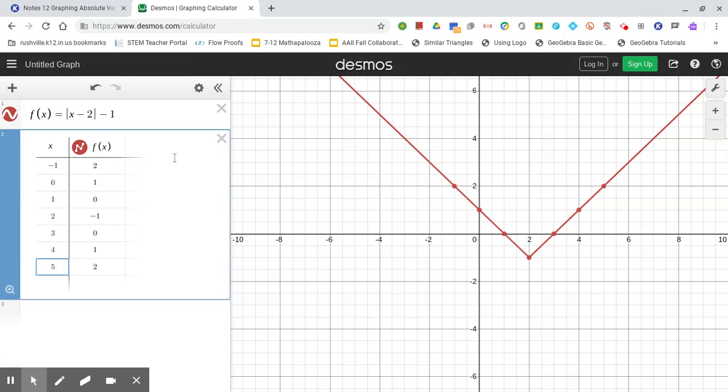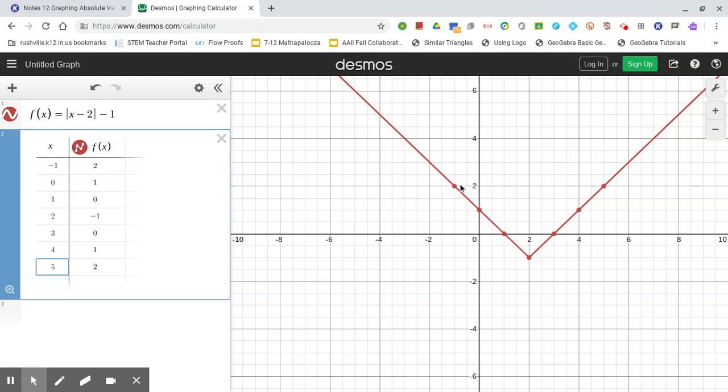Now, something we should be seeing is if we're putting the vertex in the center of our table, we should see repeating values on either side of that vertex. Because what's happening at that vertex, remember, is that the graph increases at the same rate on either side. And so we should see this increase to the right at the same rate as we go to the left. So we're going to have repeating values on either end.